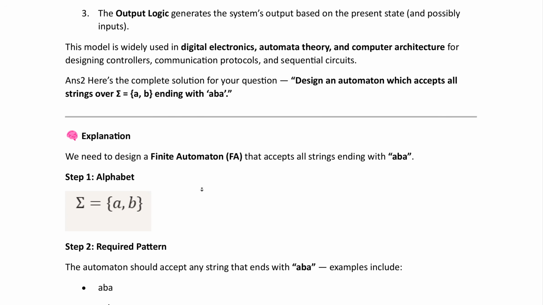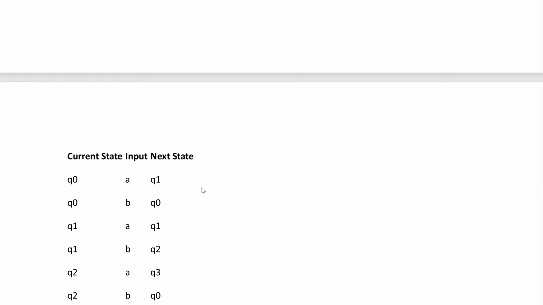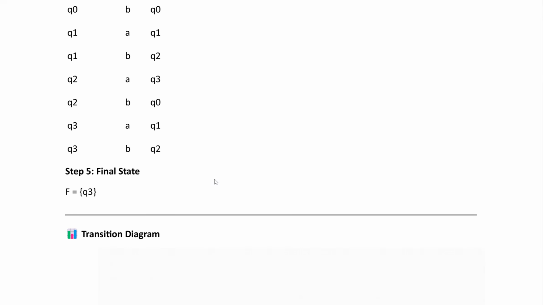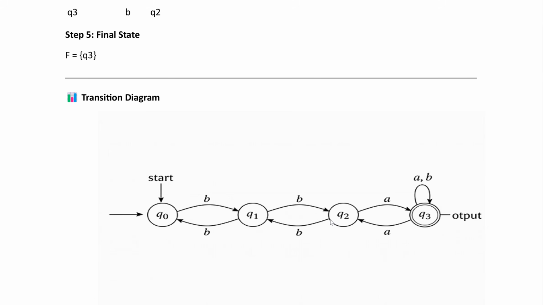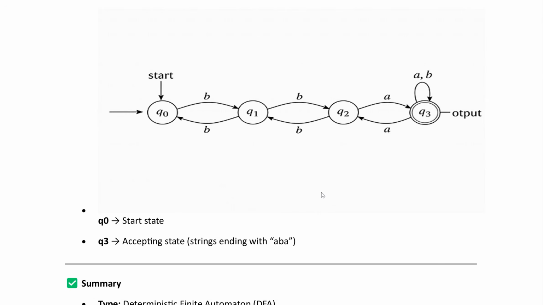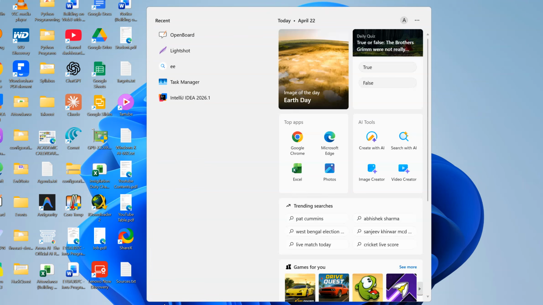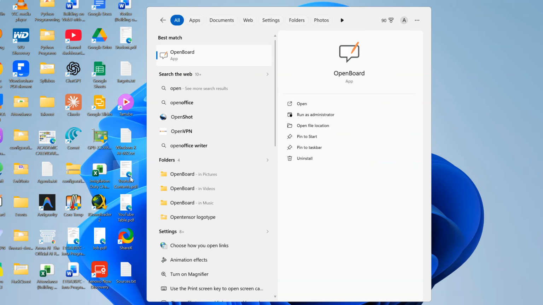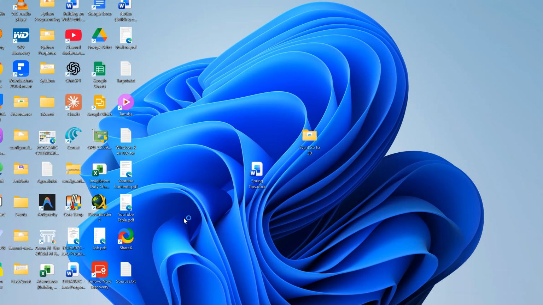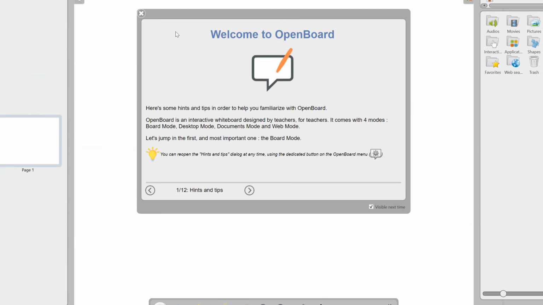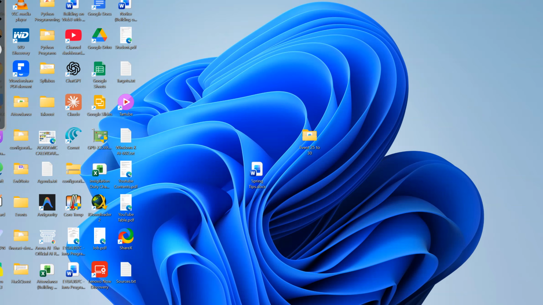When we apply A on Q1, we get Q1. Okay. I have to correct the transition diagram.